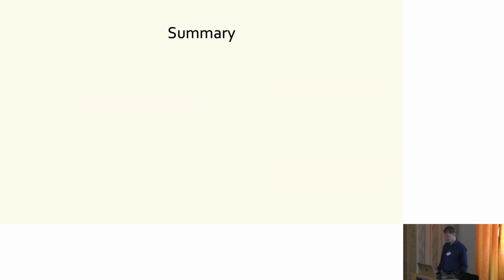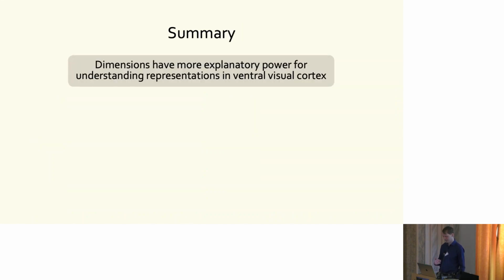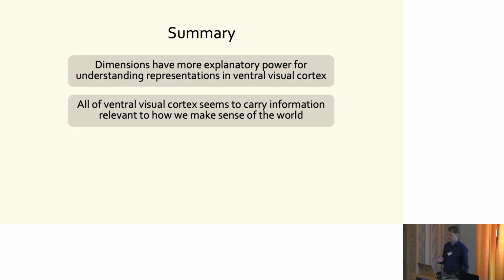So to summarize, I hope I convinced you that these representational dimensions have more explanatory power for understanding representations in ventral visual cortex than category. And it's really interesting, I think, that all of ventral visual cortex is carrying information that is relevant to how we're making sense of the world, even the earliest cortical processing stages.